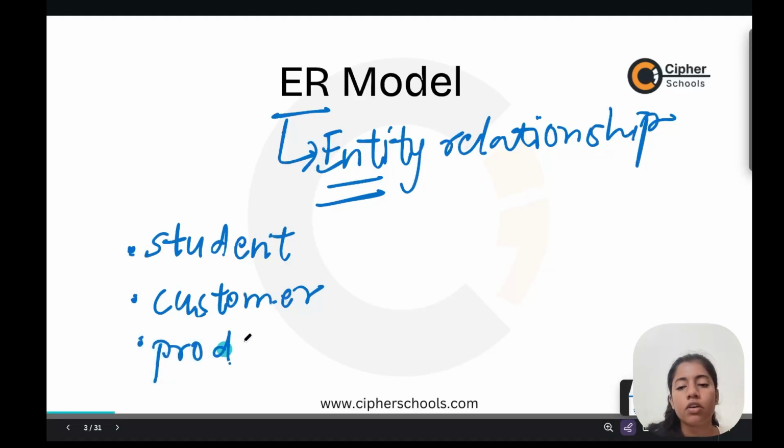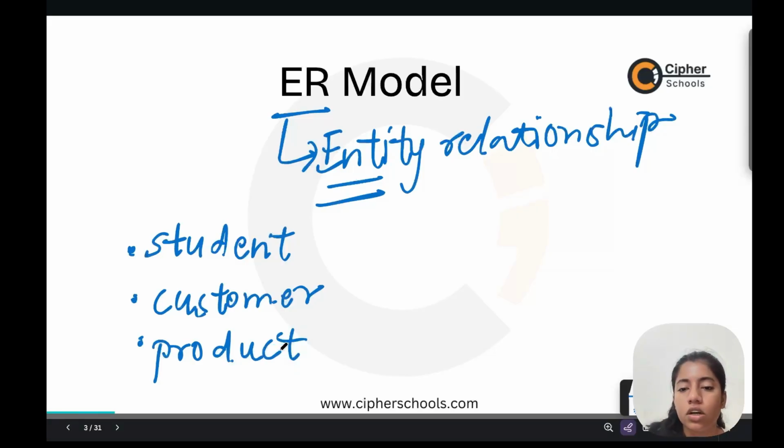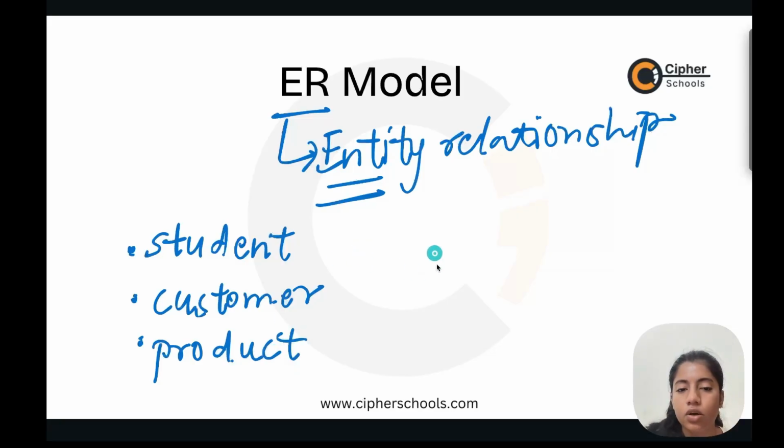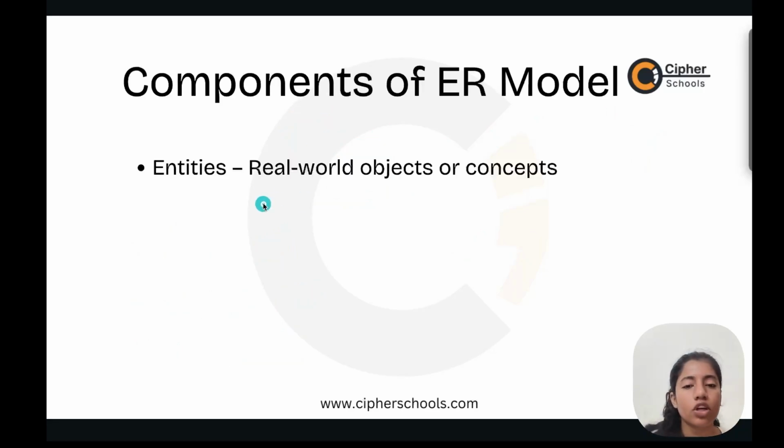Any real world object which you're storing information about, we call an entity. For real world concepts, we can have sales, where you're storing data about sales ID, who bought it, what was the item bought, all those things. So any real world objects or concepts, we call them entities.